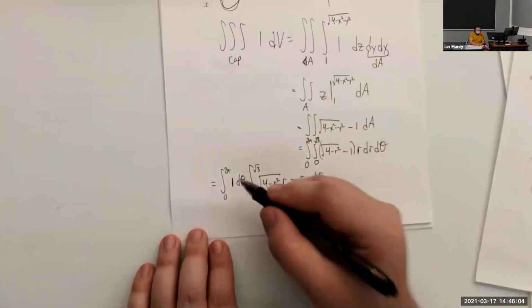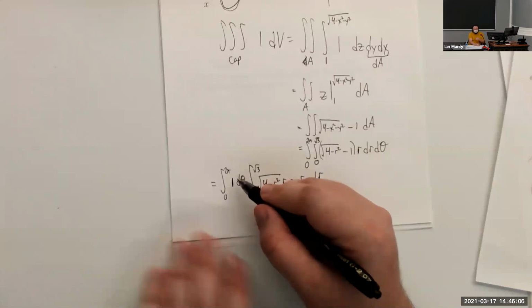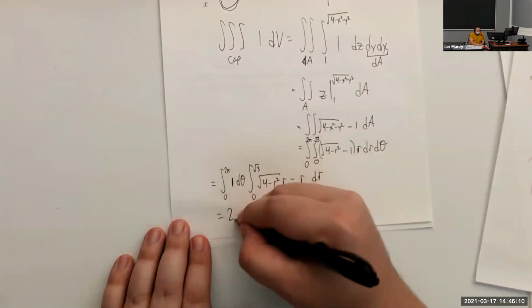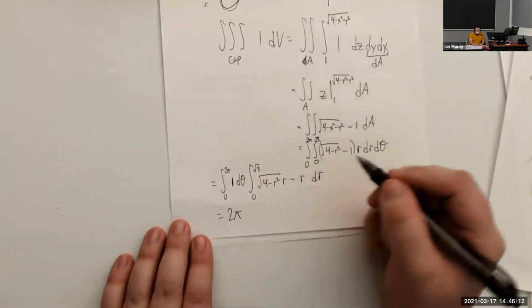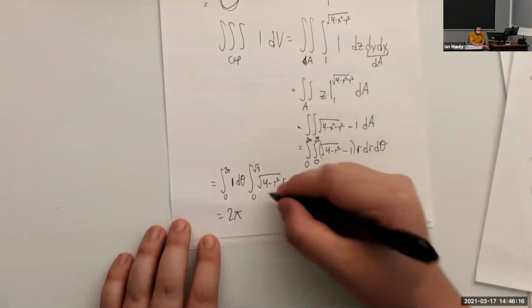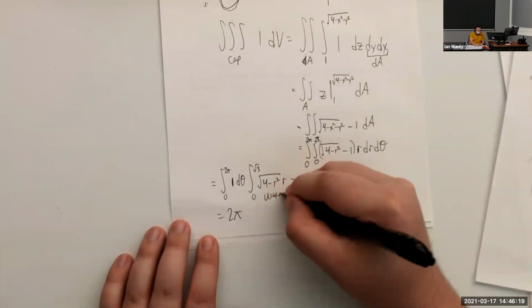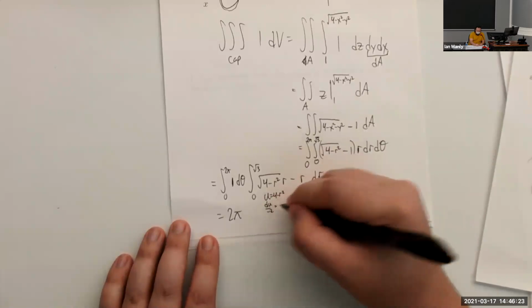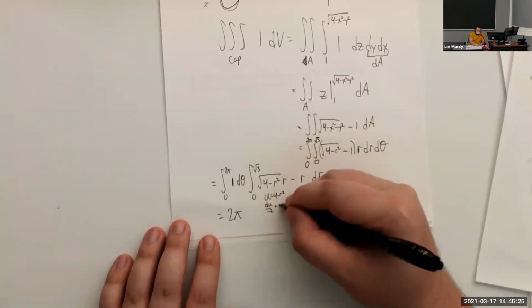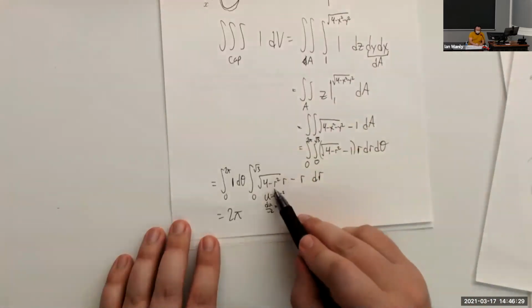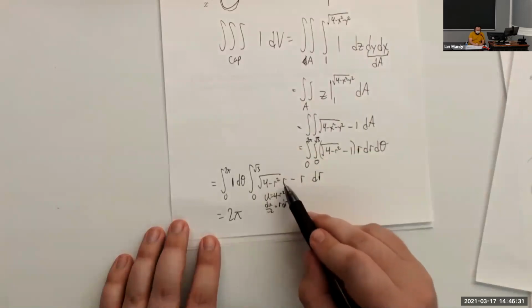All right. So now I do the integral of 1 with respect to theta. I get theta, and then I just plug in 2 pi minus 0. So this is just going to be a 2 pi. Meanwhile, in order to do this integral, I could do u is 4 minus r squared, and du over negative 2 is r dr. So that's going to be how I handle this right here.